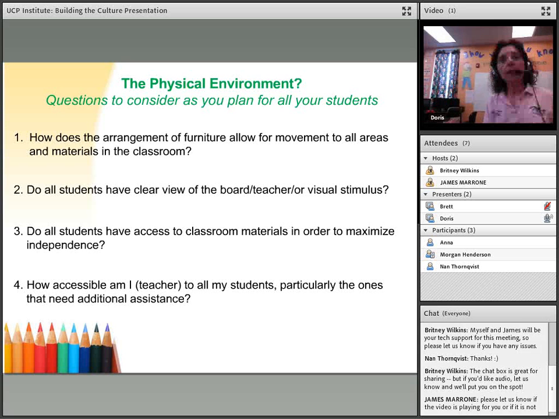Getting their backpack together. Does that child need a buddy to get that backpack filled? Is opening and closing a binder an issue? Well, I have to think through those things to make sure that everything is accessible, and I can do it to help this child maximize their independence.